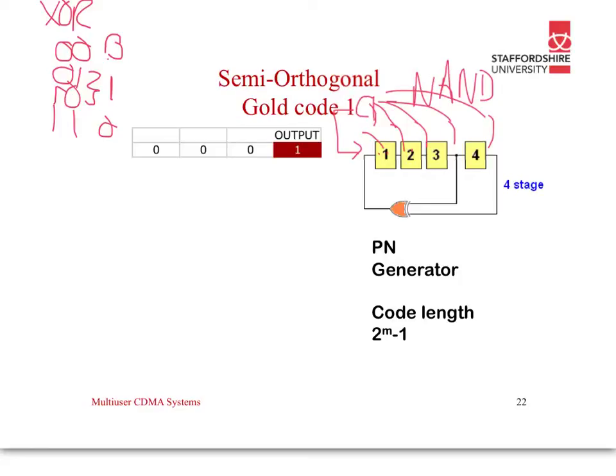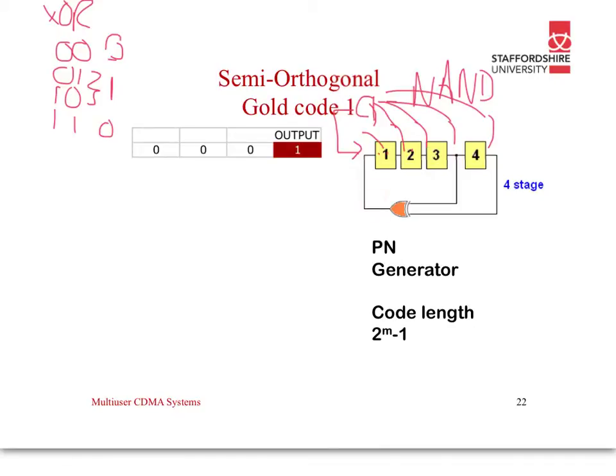We can have more than 2 inputs to an exclusive OR. If there's an odd number of 1s, the output is 1. If there's an even number of 1s, the output is 0.